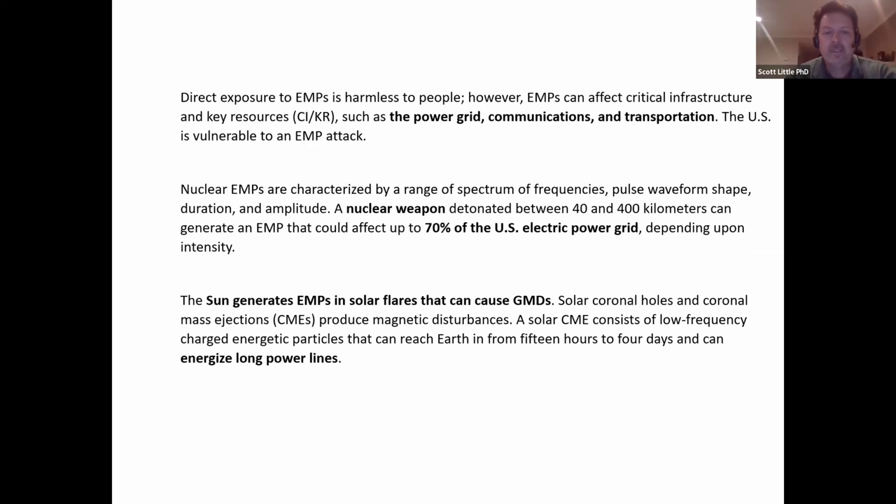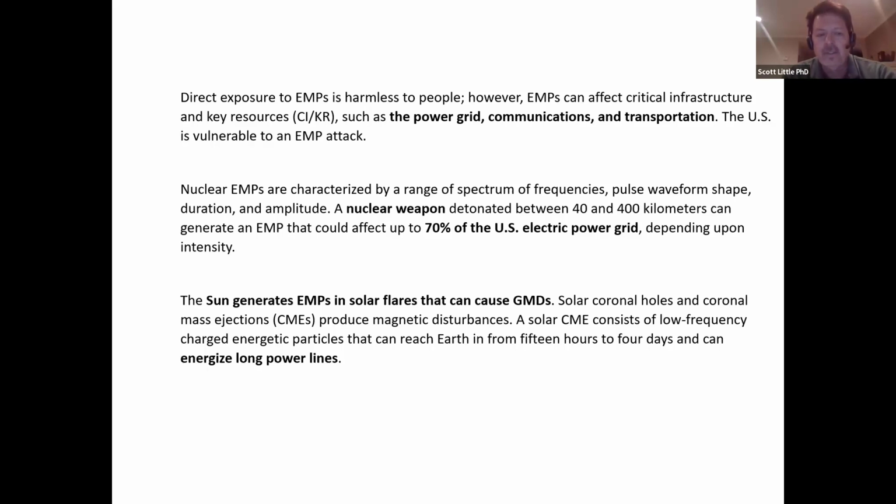Direct exposure to EMPs is pretty much harmless to people, however, it can affect critical infrastructure like the power grid, communications, transportation, and many other things. Again, this is based on the report he did for the Homeland Security Defense and Education Institute.